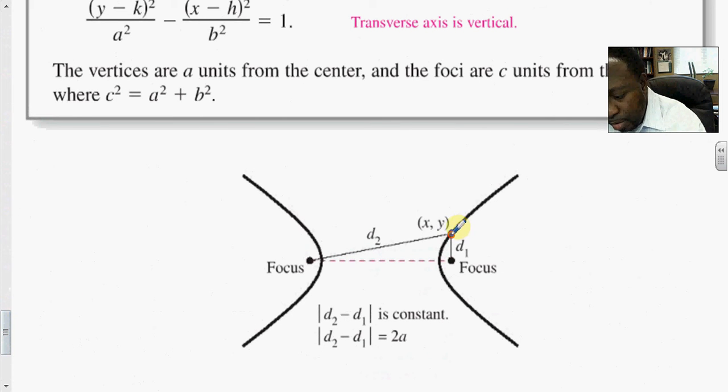Take this point here: the distance from the focus to this point (x, y) and the distance to the other focus, D1 and D2, we take the difference, and not just the difference but the absolute value of the difference to make sure it's a positive length, and it will be constant. If you take a point from up here, you get the same constant difference of distances by all means.